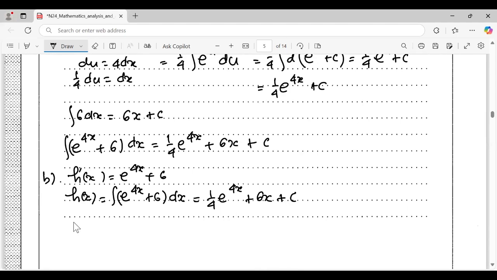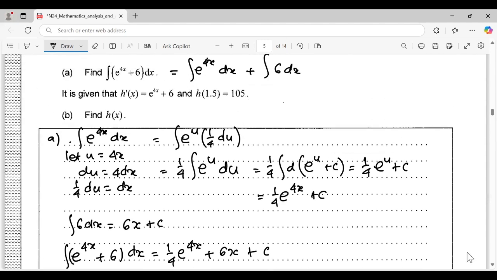Okay, and if x equals 1.5, it means 1/4 e power 4 times 1.5 plus 6 times 1.5 plus c equals 105, according to this information.